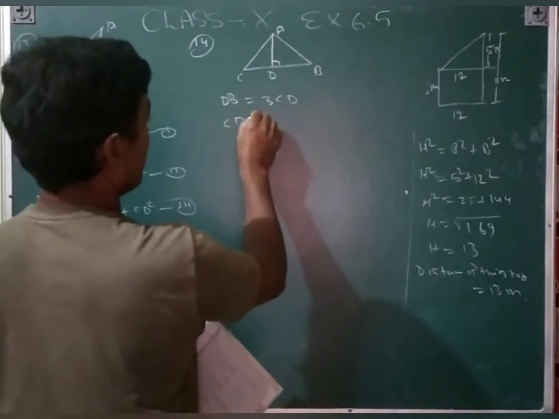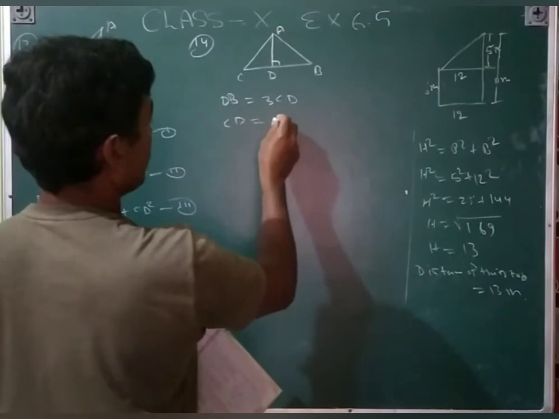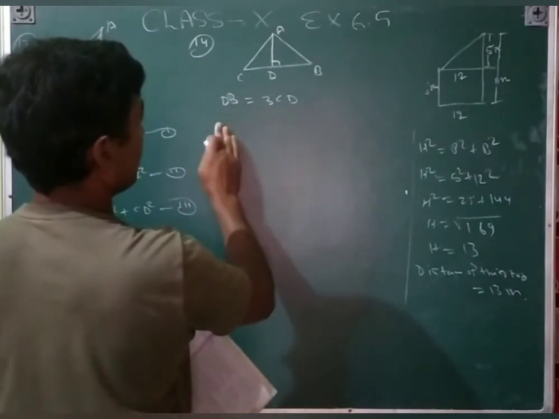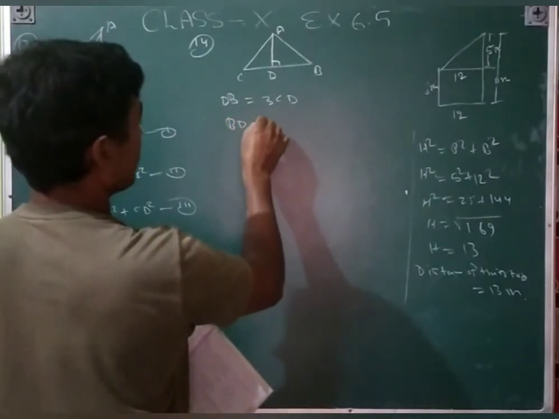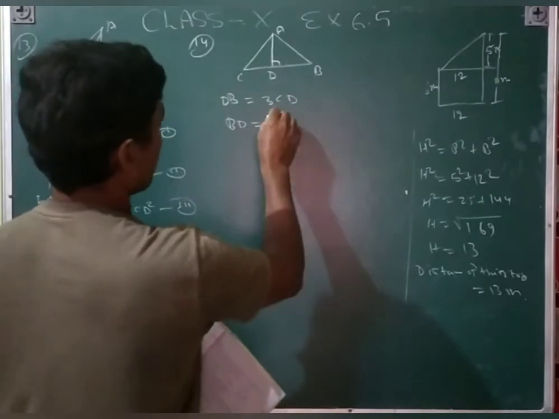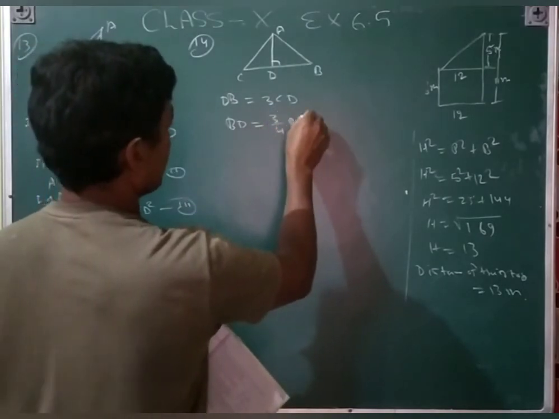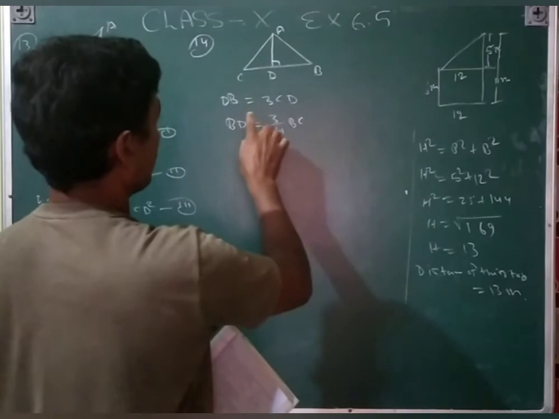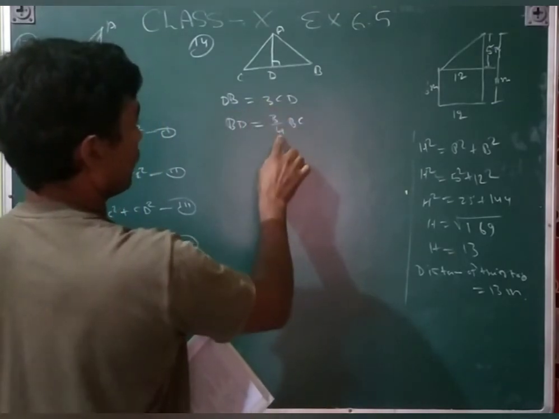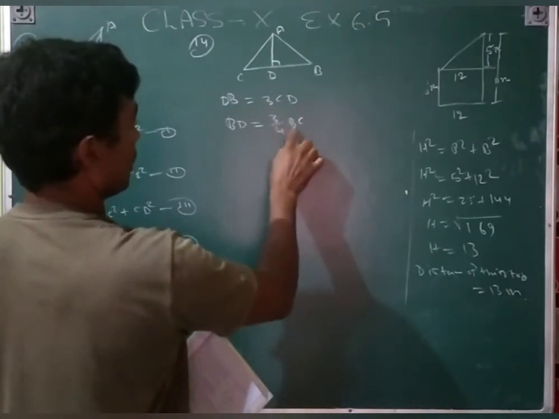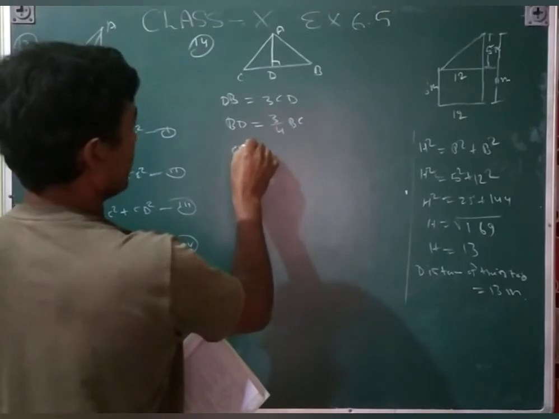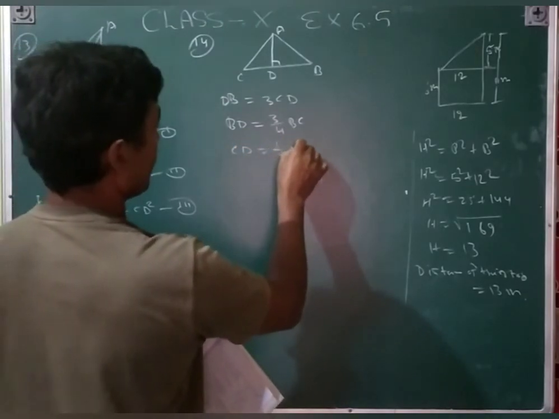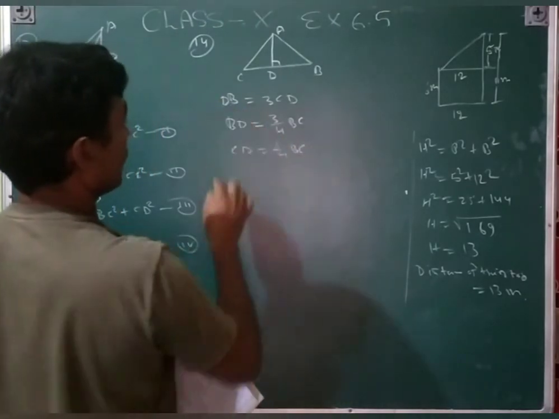So CD is equal to... first of all we will find BD is equal to 3/4 BC, because 1 part and 3 parts make 4 parts, so that is 3. And then CD is equal to 1/4 BC, because that is only 1 part.